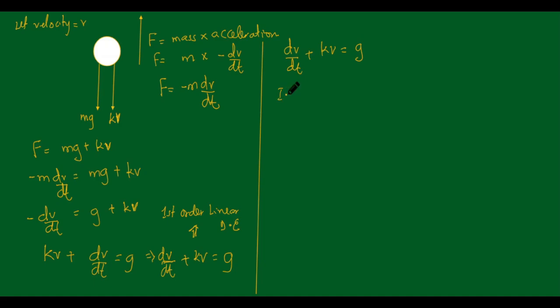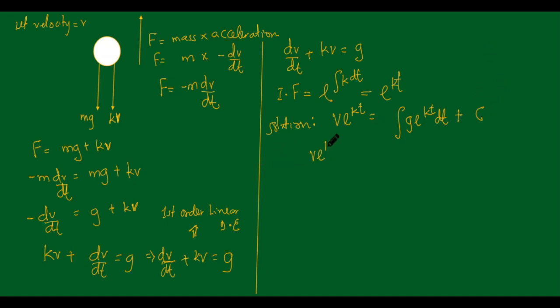We can get our integrating factor as e raised to the power of integral of k dt. This now gives e raised to the power kt. So the solution now becomes v e raised to the power of kt is equal to the integral of g e raised to the power kt with respect to t plus a constant.